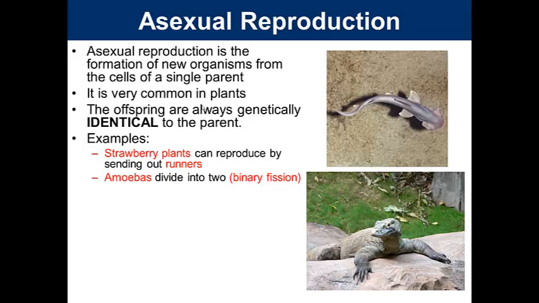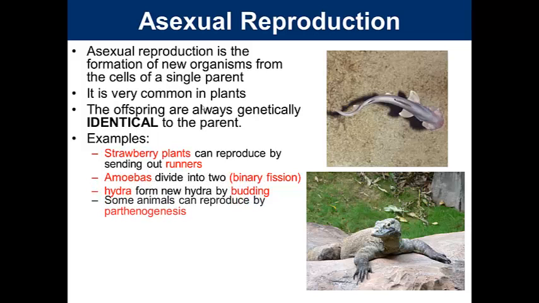An amoeba is a simple eukaryotic organism that divides into 2 via a process called binary fission. An organism called a hydra forms new hydra by budding, so releasing a small organism off of the parent organism.